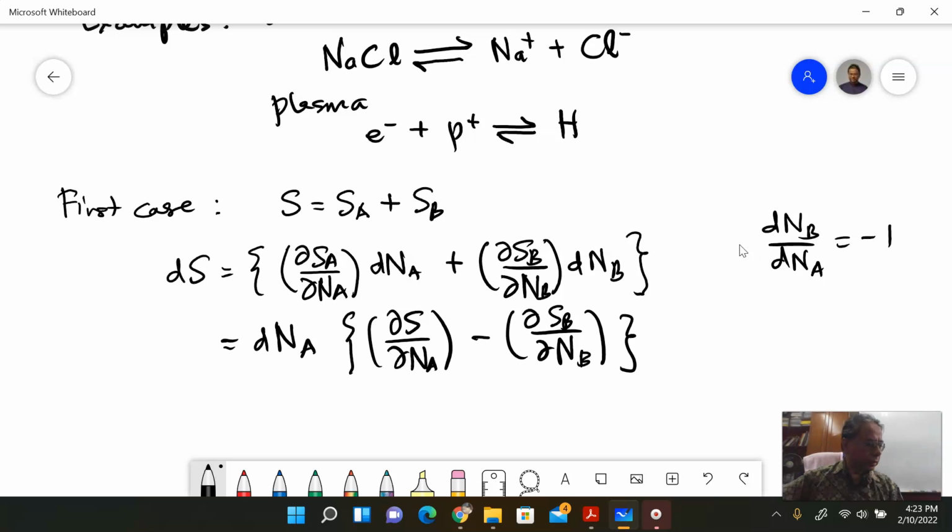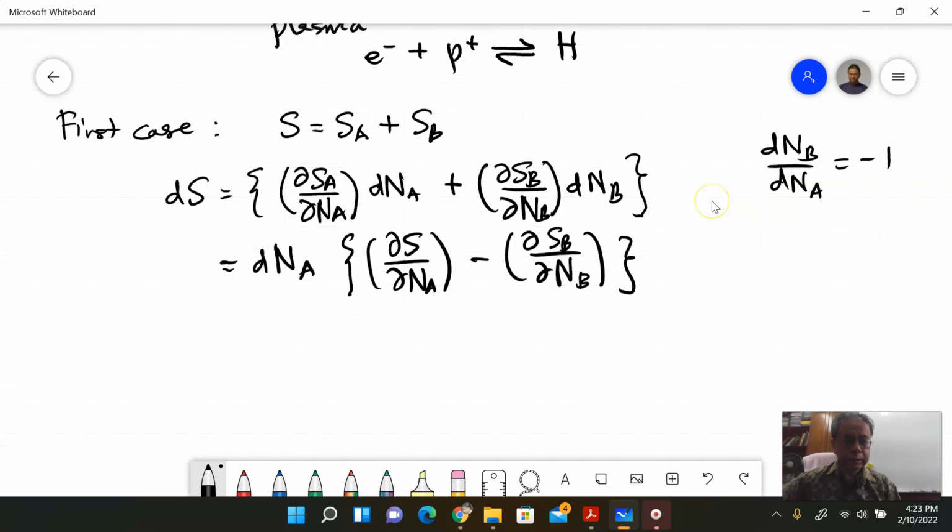One can relate the terms in the curly bracket with something we mentioned some time ago, which is the chemical potential.